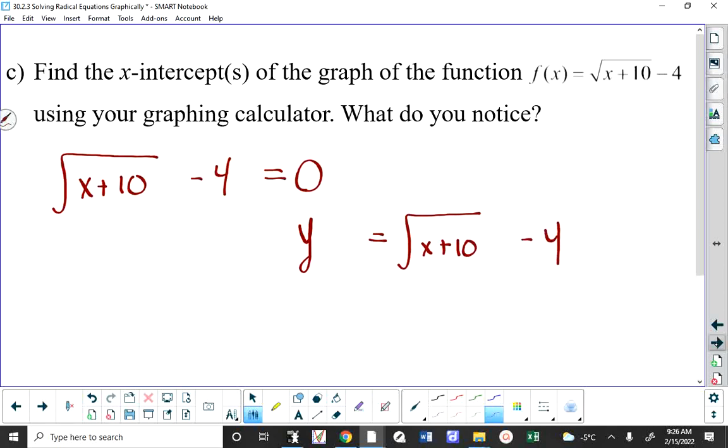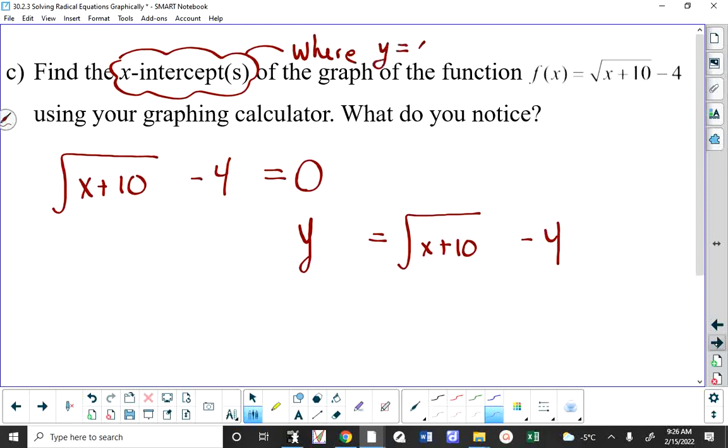And we're asked to find the x-intercepts. Well, first of all, before we do that on the graphing calculator, if I said to you, find x-intercepts of a function, x-intercepts are where y equals 0.